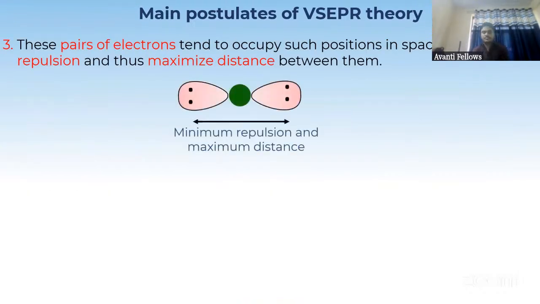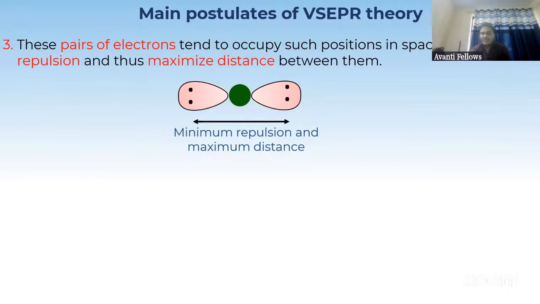Third point, these pairs of electron tend to occupy such positions in a space that have minimum repulsion and thus maximize distance between them. और ये repel करके, right?